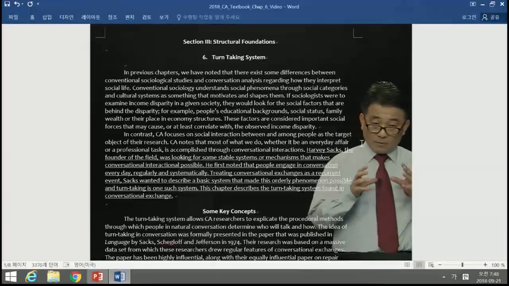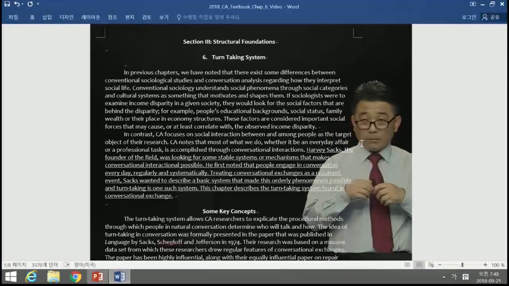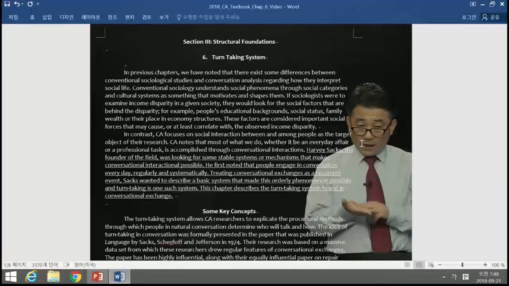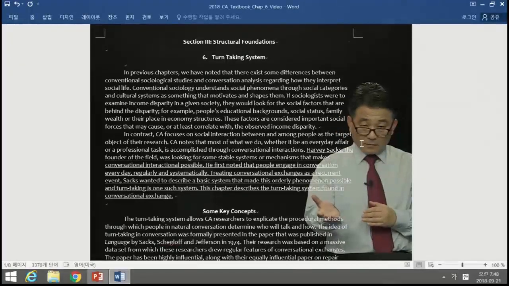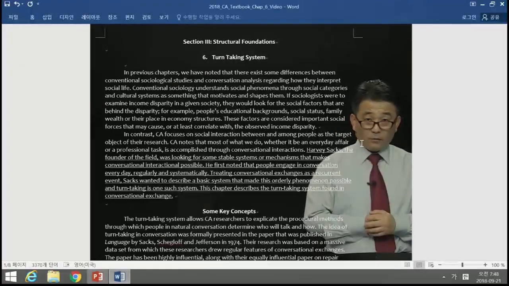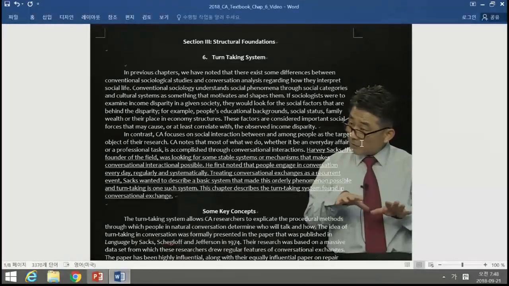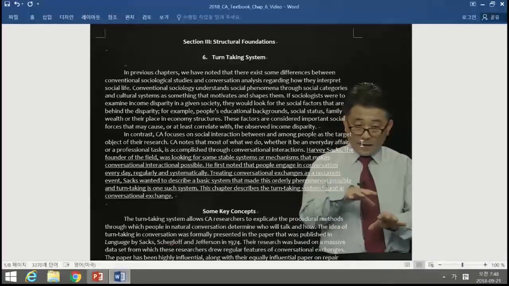So Harvey Sacks has a question. He noticed that people around him and people in the world in general have a conversation regularly. And in that conversation, people take turns, right, without too much trouble. So he figured there must be some sort of underlying system people agree on, an underlying system people follow. And he wanted to find the system.